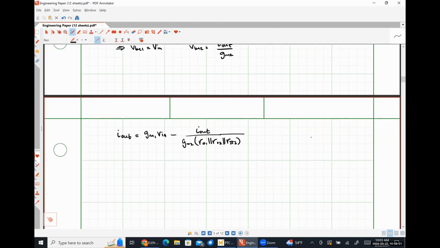So when I move the I out term to the other side, I get I out times 1 plus 1 over GM2 R naught 1 in parallel with R naught 2 in parallel with R pi 2 is equal to GM1 times Vn.